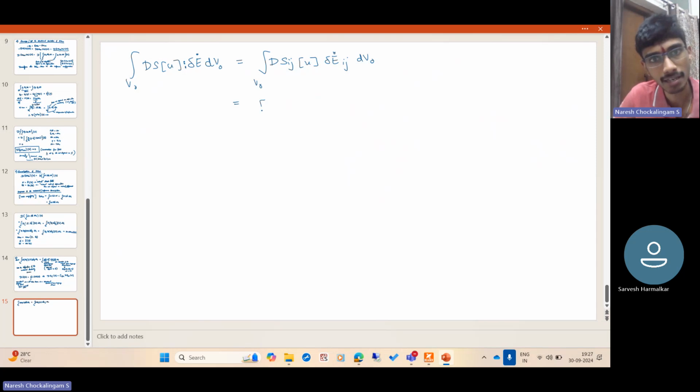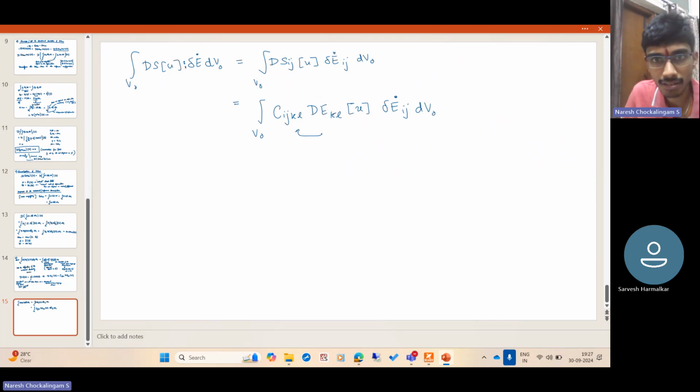And dS_ij is nothing but C_ijKL, the directional derivative of E_KL in the direction U, times del E dot_ij dV naught.